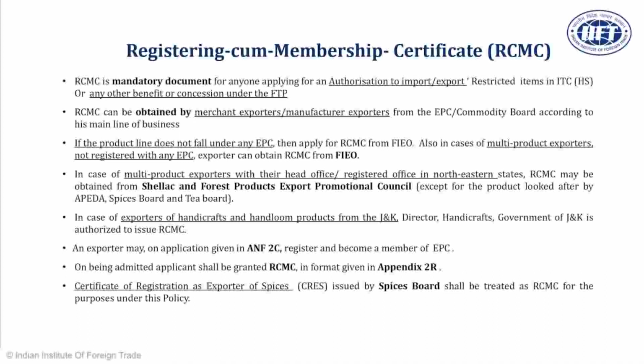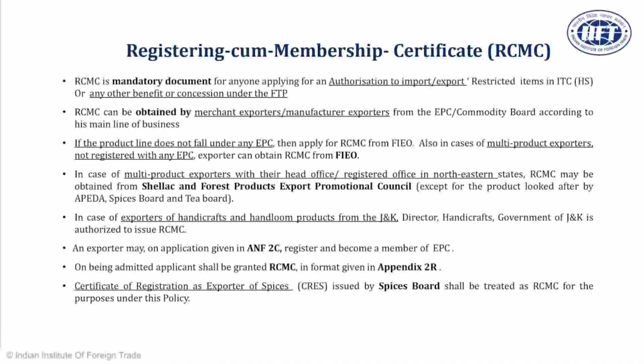You become a member of FIEO, that is Federation of Indian Export Organisations. Suppose you are in the Northeast and you are into multi-product exports. You go to the SHEFEXIL, the name of the organization which registers multi-product exporters in the Northeast.